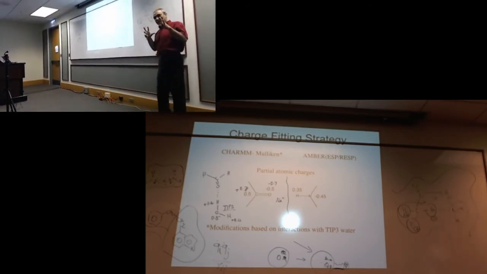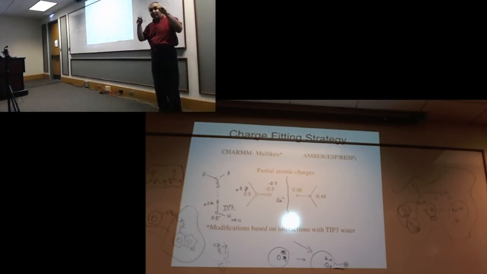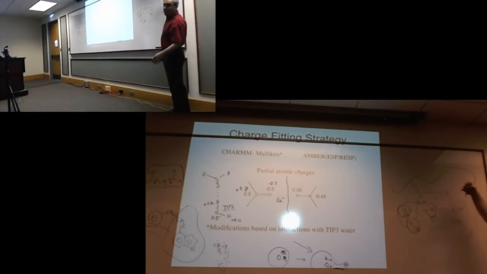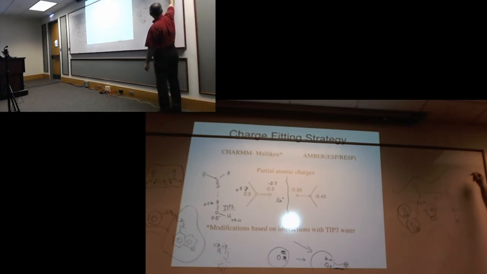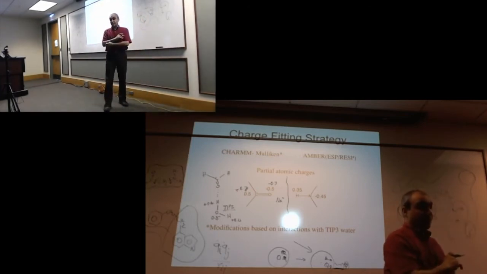Then I know a very specific arrangement for which I have to have the best charges. So I don't have to worry about conformational flexibility and everything. I just use this one for the QM calculation, maybe even including something from the protein that might polarize the system. I get the best set of charges possible.